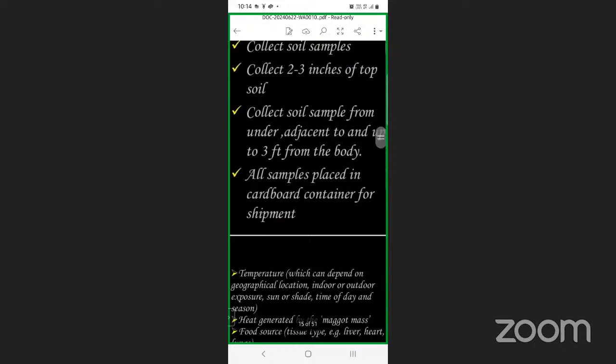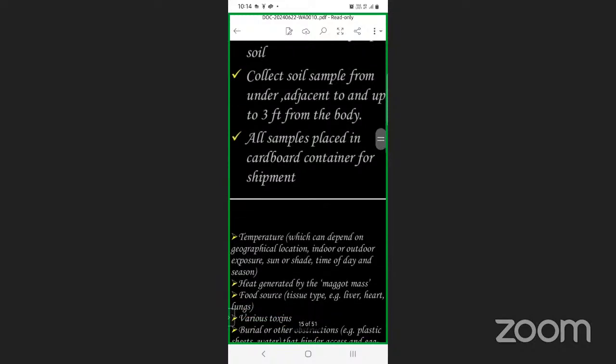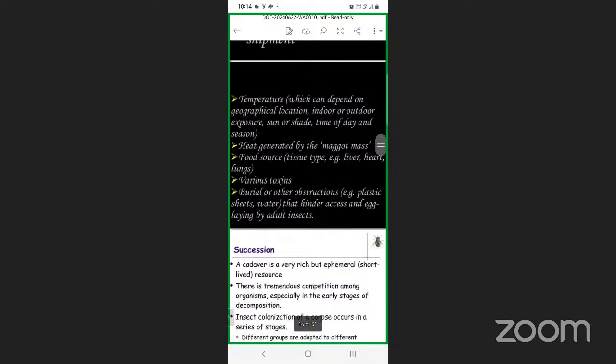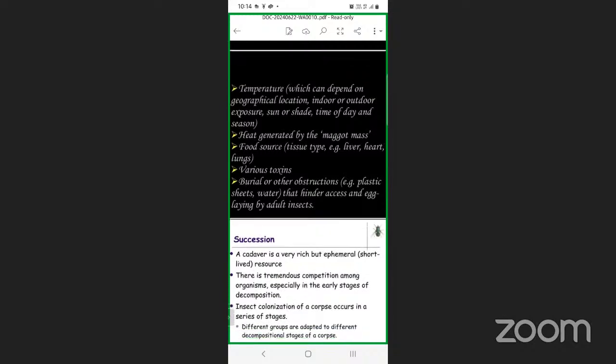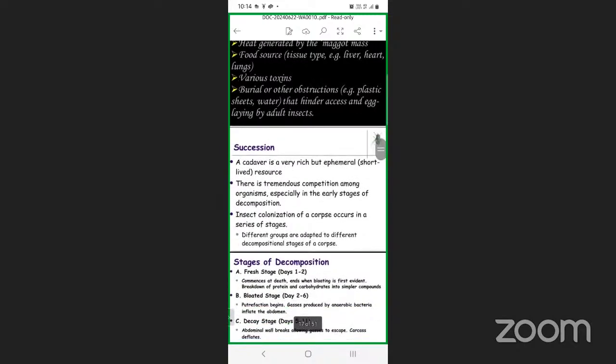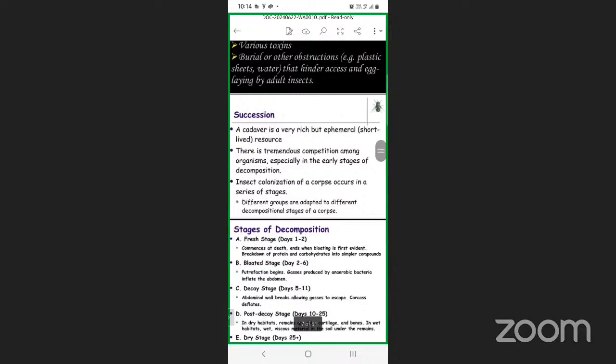Collect the soil sample from under and adjacent to the body, and 2 to 3 feet from the body. All samples are placed in a cardboard container for shipment. The cadaver is a very rich but short-lived resource, and we find tremendous competition among the organisms during the investigation, especially in the early stages of decomposition.